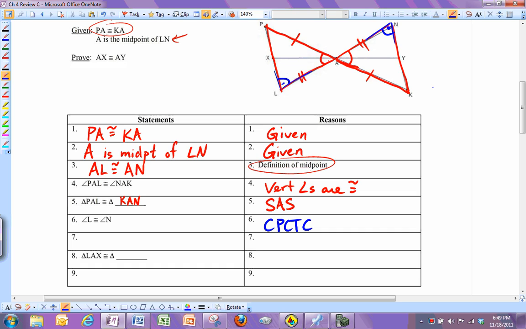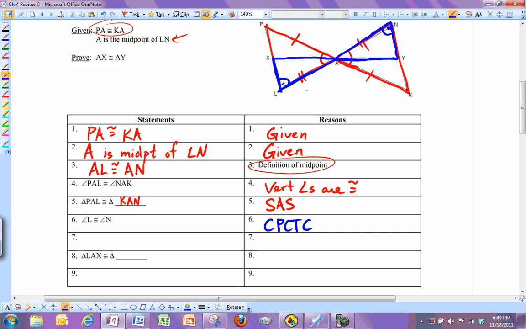Okay. Now I'm going to aim for LAX here. So here's LAX. And you can probably guess, well, actually, it's not super easy to tell that I'm going to aim for the triangle on top. But if you look at this, I've got 2 tick marks here, so I'm going to go for the one that has 2 tick marks in it. So I'm going to go for NAY here.